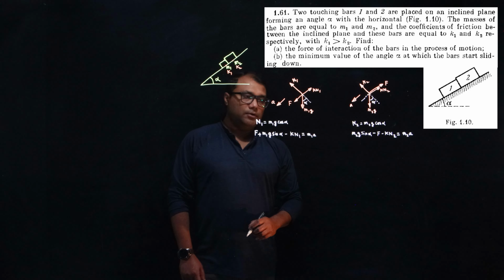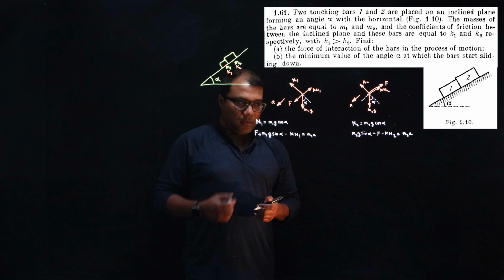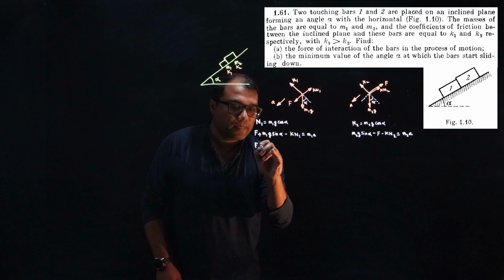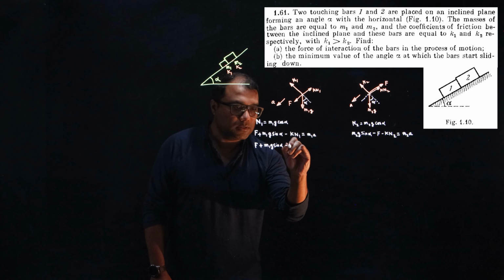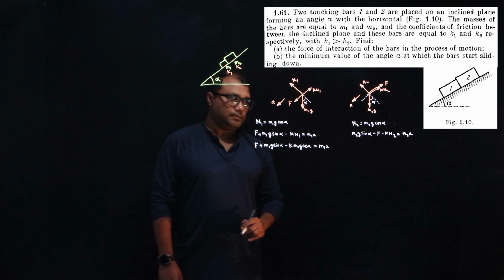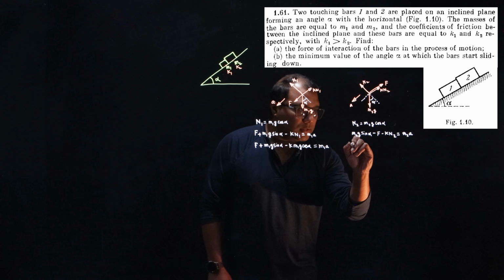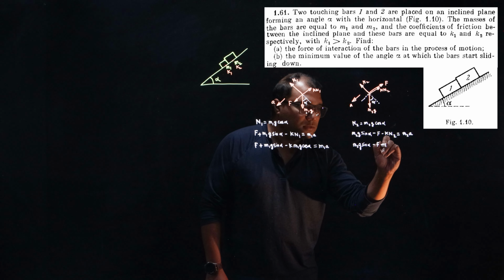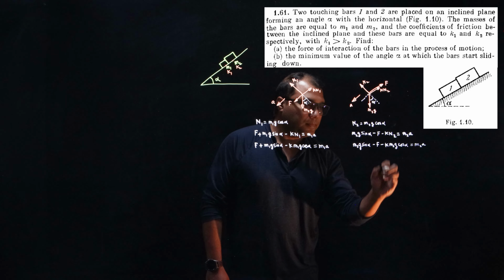Okay, now our goal is to find F, right? We have everything. So let us write this as F plus m1g sine alpha minus k1 m1g cos alpha is m1a. And this one we can write as m2g sine alpha minus F minus k2 m2g cos alpha equals m2a.